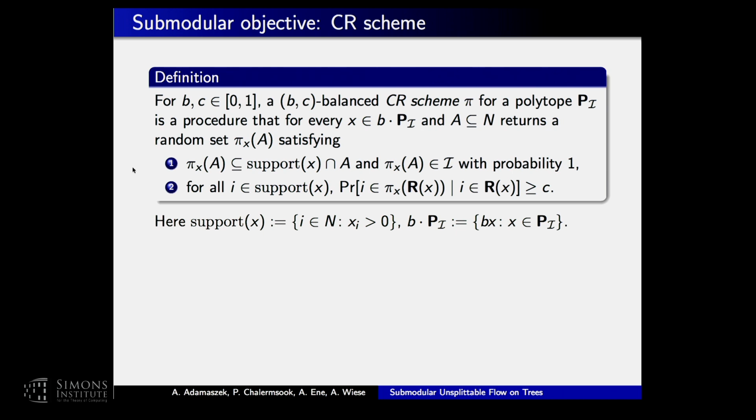The first condition says that with probability 1, this set will be a feasible integral solution. And also, for all the tasks, the probability that a task has been selected into our random set, if it is in the random sample, is at least C. Here the probability is over both taking the random sample and then taking the subset from the random sample.